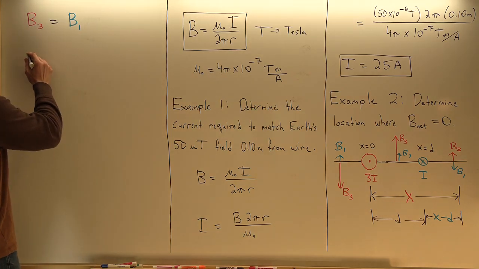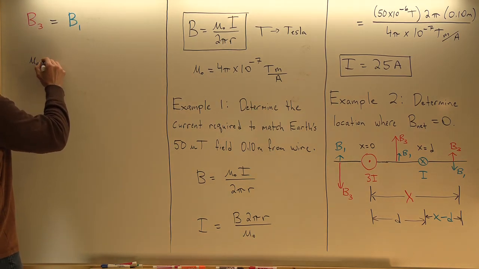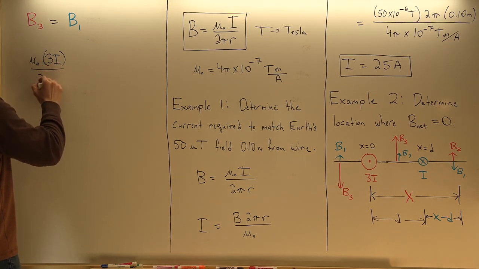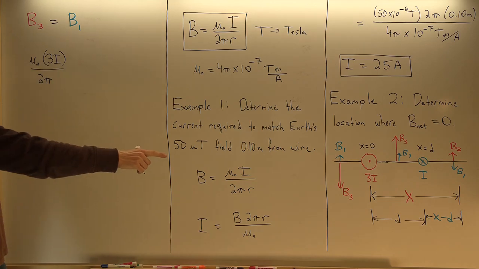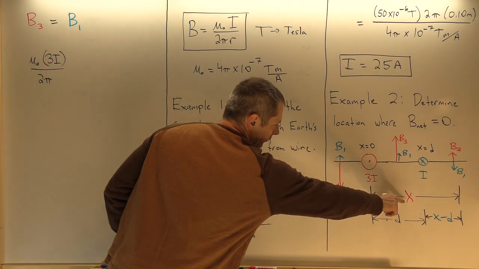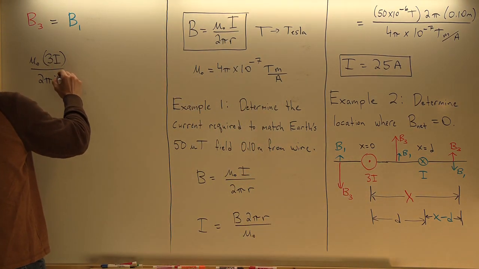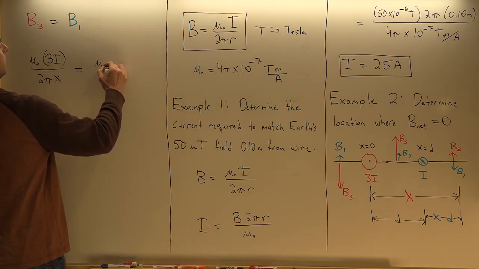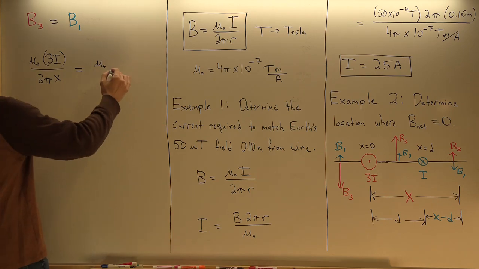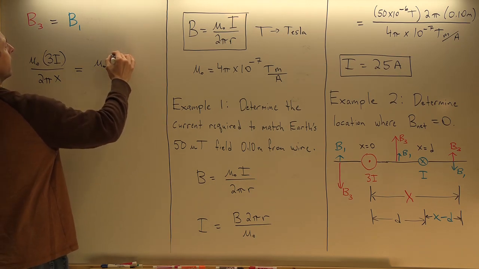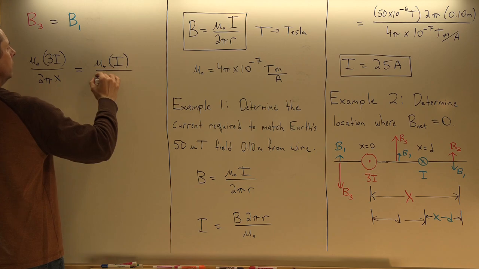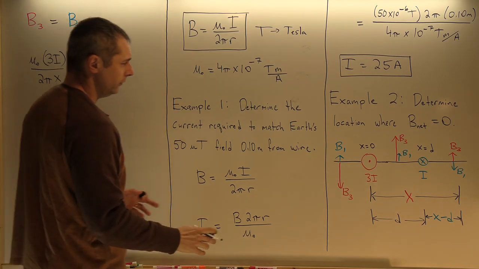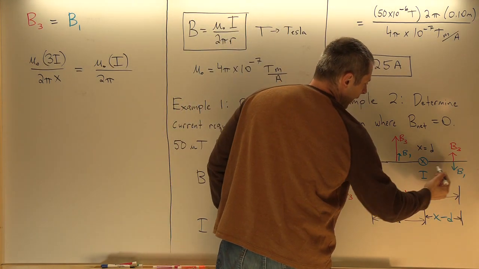We've got on this side mu 0, 3I over 2 pi, and that radius is x. And on this side, we've got mu 0, just I, over 2 pi. As we can see, the radius over here is x minus d.